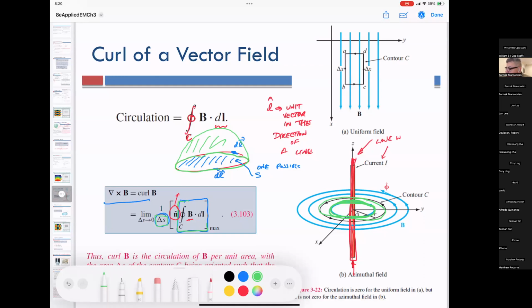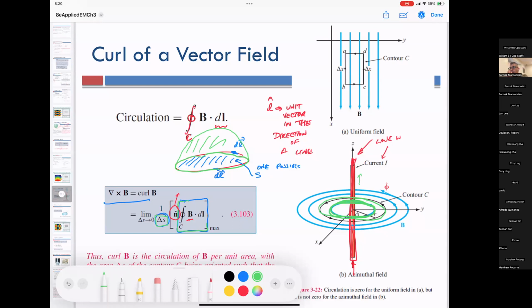If I integrate completely around that contour, then what I get is the current going through this. That value of the curl is the current going through it, and its direction is the direction of the current.